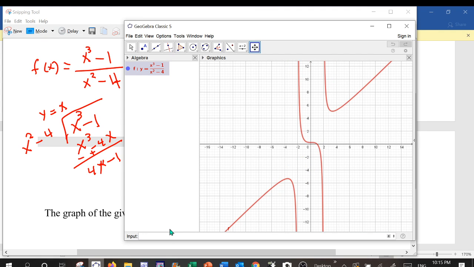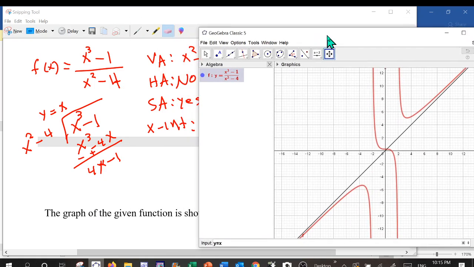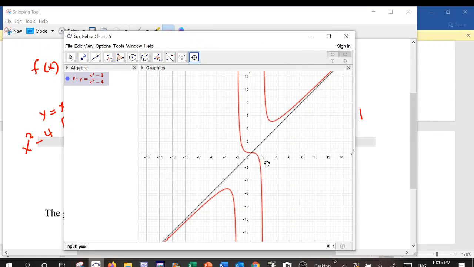There. And I'm going to graph y equals x to show you that that is exactly what we talked about. You see, that has a slant asymptote, right? And the shape of it, and has two vertical asymptotes at 2 and -2. You see, this is one right here, and here's another one over here.